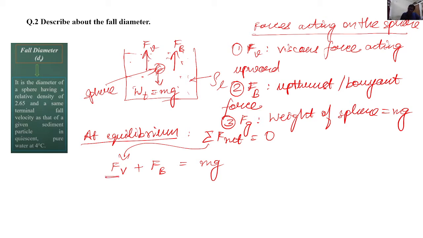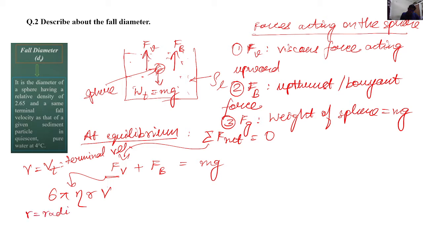Now the upward viscous force from Stokes law would be nothing but 6 pi eta r v, where v is the terminal velocity. And this expression from Stokes law comes from our very basics of class 11. Okay, so this was the Stokes law expression, where r is the radius of the sphere.